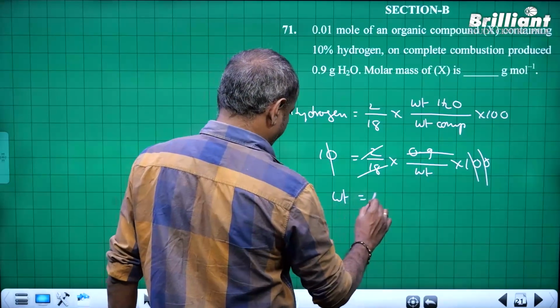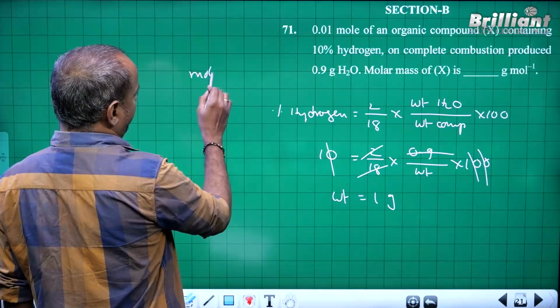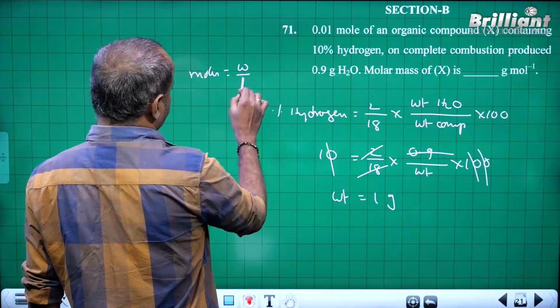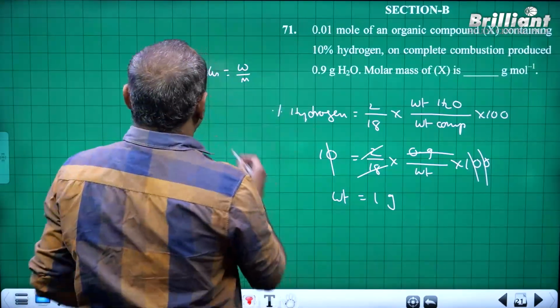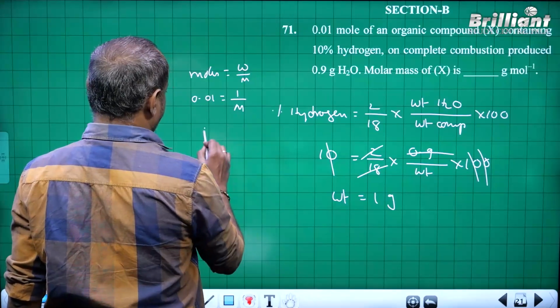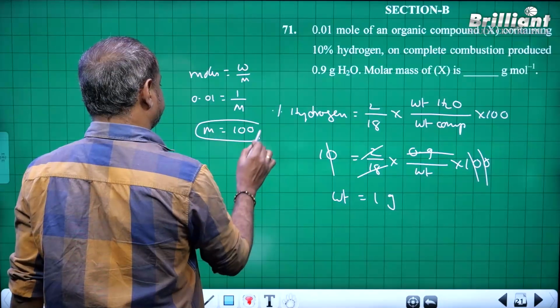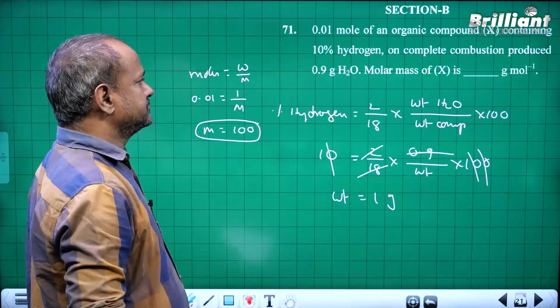Moles equal to mass by molar mass. 0.01 is equal to 1 by M. Therefore, M is equal to 100. Okay.